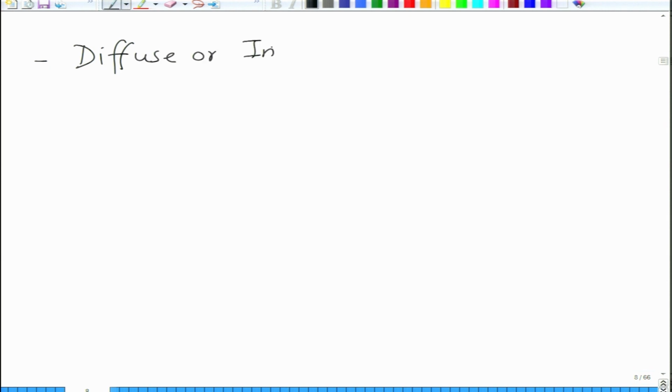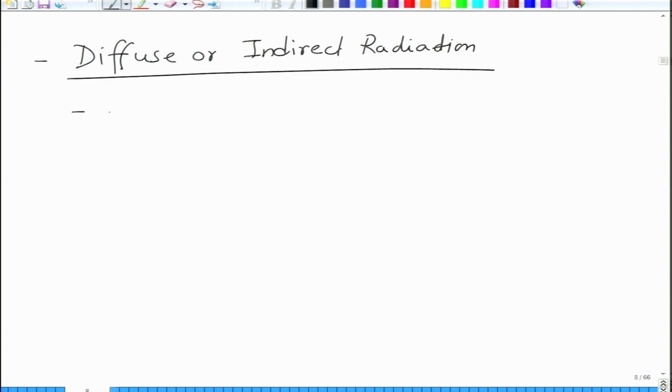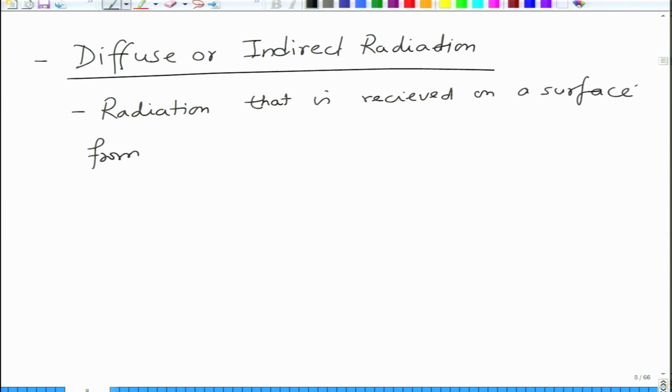And the second component is what we call diffuse or indirect radiation. This term we already introduced at certain place, we will just elaborate on it. This is essentially the radiation that is received on a surface, or let us say earth surface, object surface, from all the parts of the sky's hemisphere.